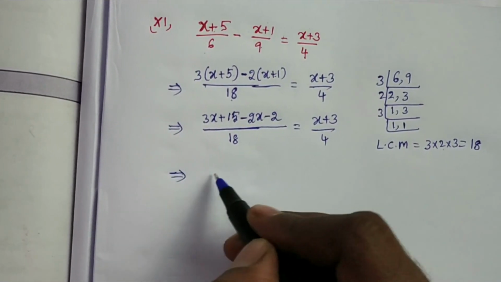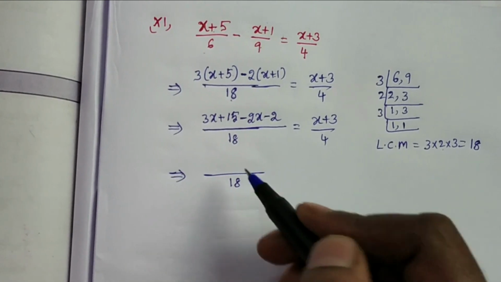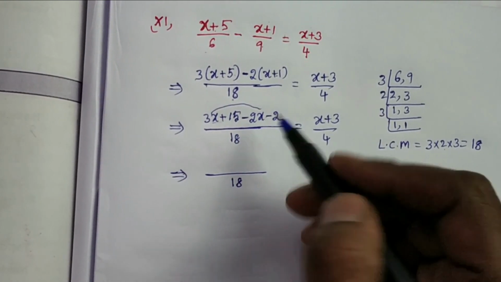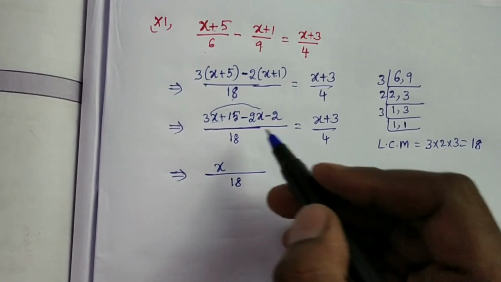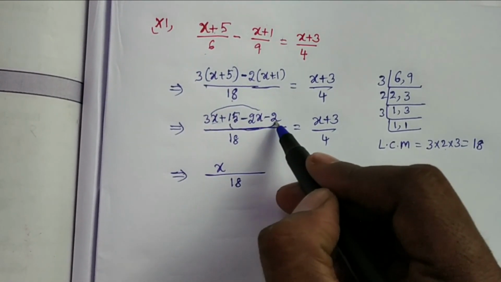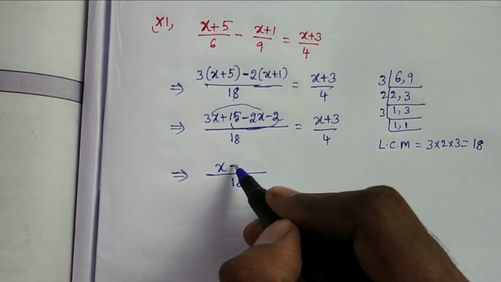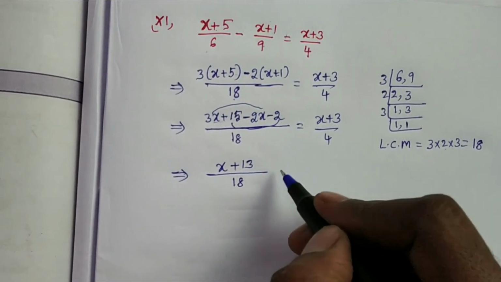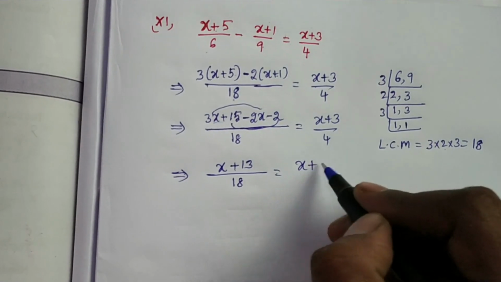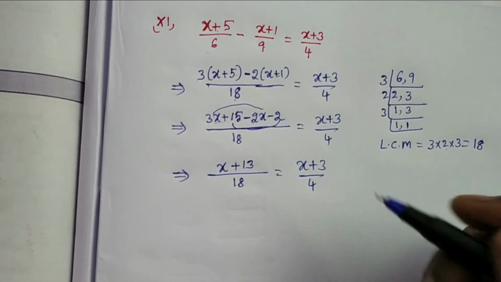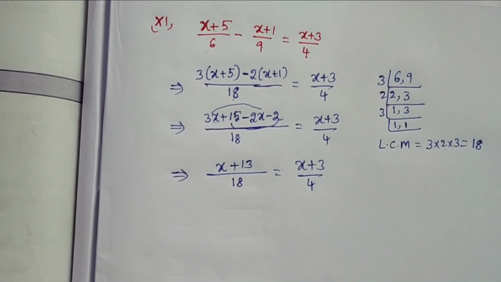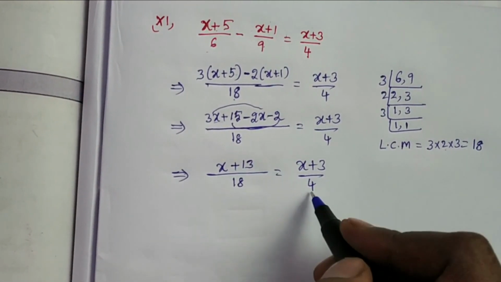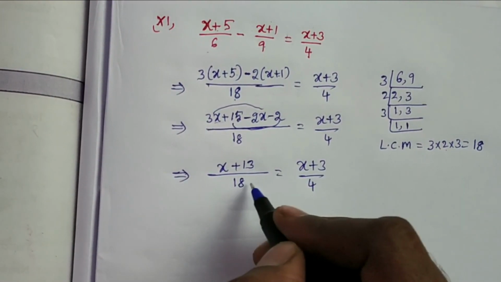Again you simplify by 18. X terms, like terms you add. 3x minus 2x, that is x. Next numbers, 15 minus 2, that is plus 13. (x plus 13) by 18 is equal to (x plus 3) by 4. Now the denominators we can cancel it. In 18 and 4, 2 table will cancel.